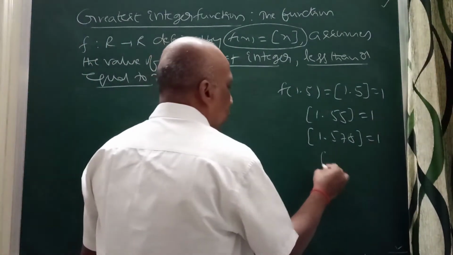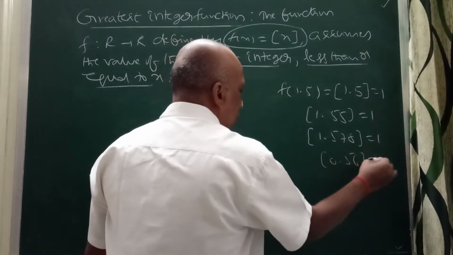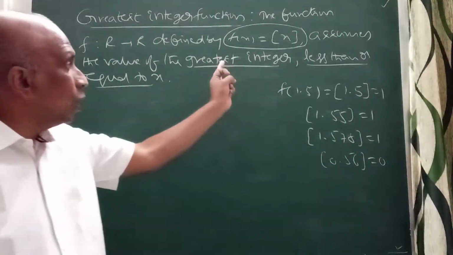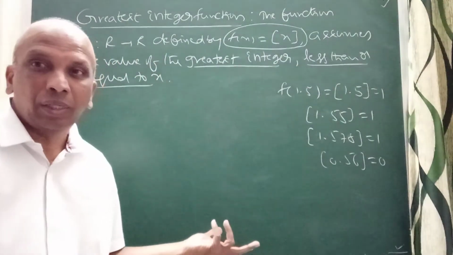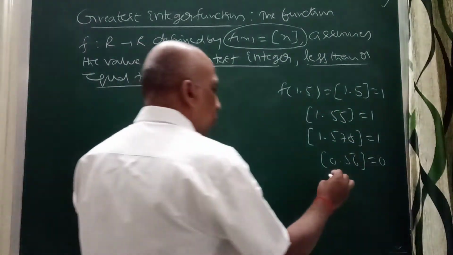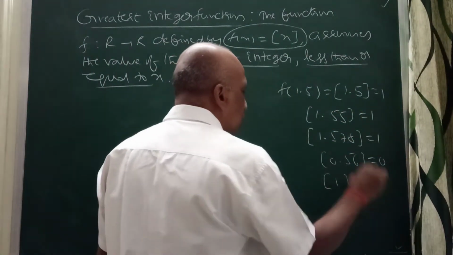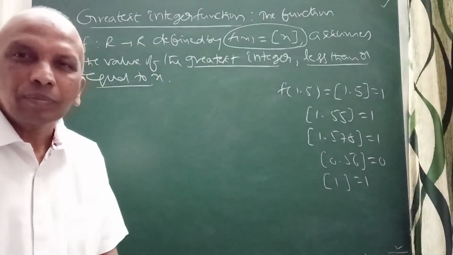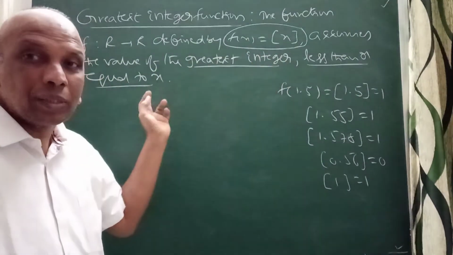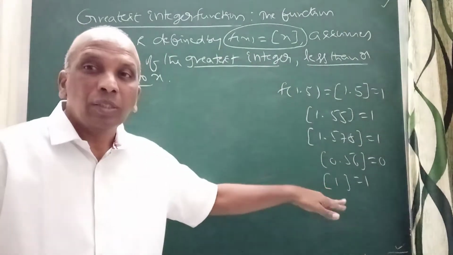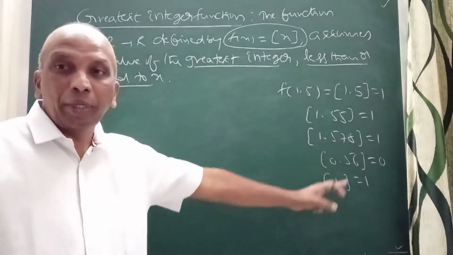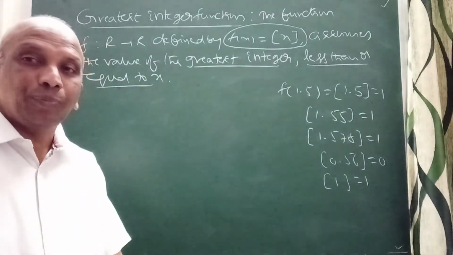Suppose 0.56, it will be 0. The value should be the greatest integer less than or equal to x. Suppose floor of 1, it gives 1. The integer is less than or equal to x, right? Floor of an integer is the same number itself because there is no fractional part here. So floor of 1 is equal to 1.